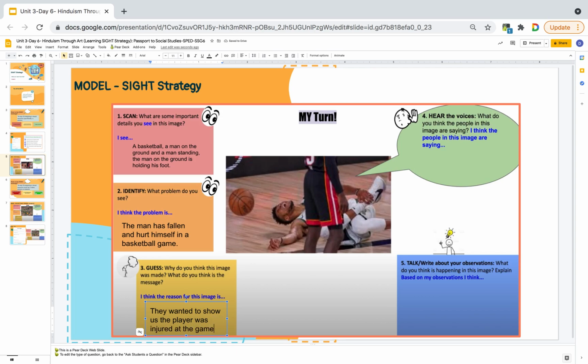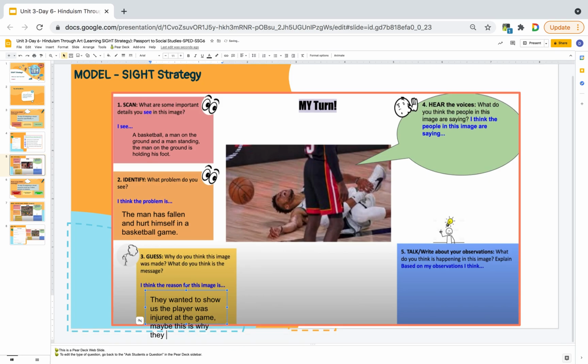I'm going to go a step further and say that maybe this is why they lost the game. And these are all educated guesses that I'm making based on what I'm seeing in the picture.